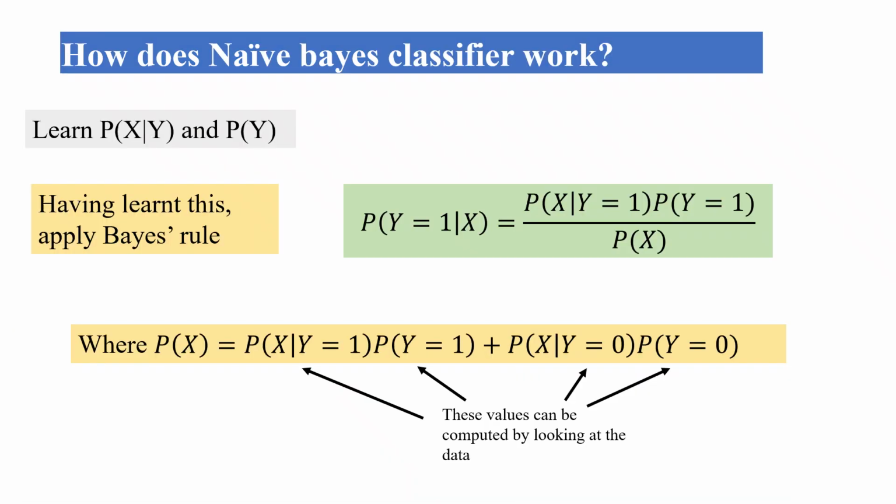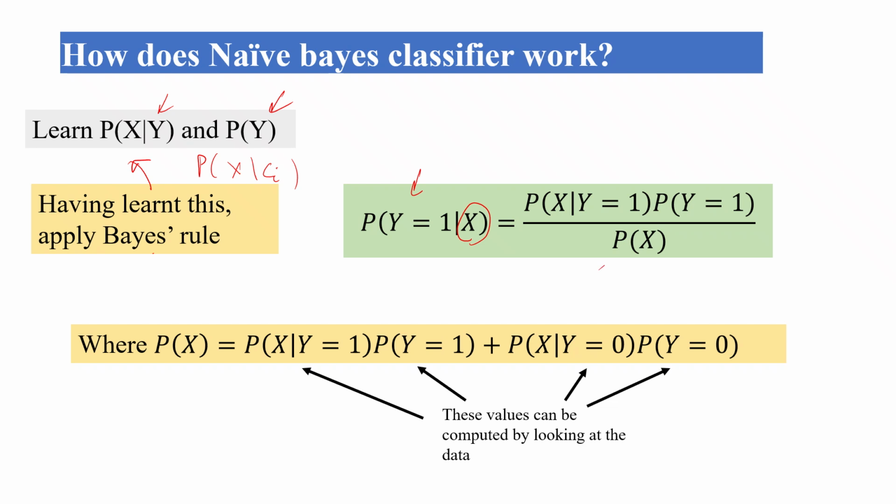So how does the naive Bayes classifier work? Because now we have also found how to find out this P(X given Ci), or we are writing here as P(X given Y); we have used this interchangeably. So learn P(X given Y) and the P(Y), and then apply the Bayes rule to find the probability that X belongs to the class 1, and similarly we can do it for class 0 or other classes.